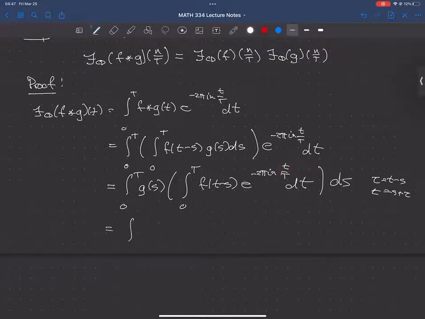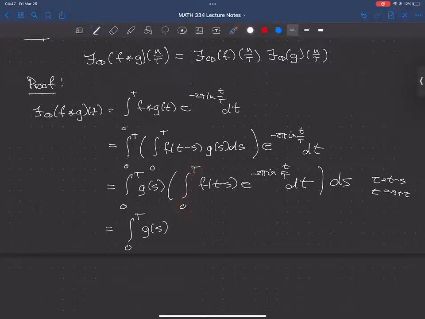So the integral from 0 to T. When you do the change of variable, you also have to keep track of the change in the upper and lower limits of integration.